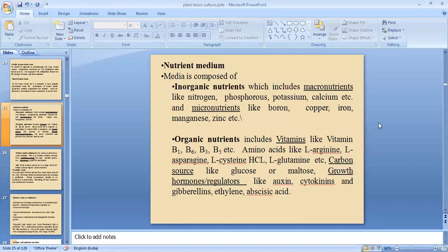cysteine hydrochloride, glutamine, and carbon source is usually provided from glucose or maltose, and also the presence of growth hormones like auxin, cytokinins, gibberellins, abscisic acid, and ethylene to provide the cell initiation, cell division, and cell proliferation.